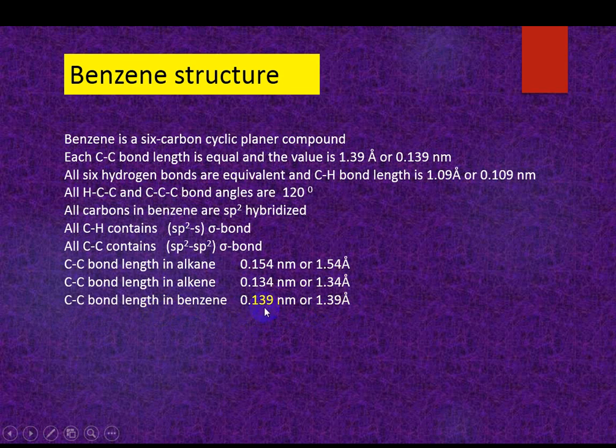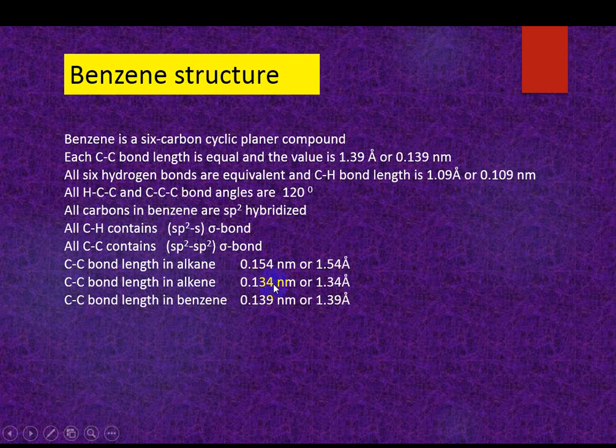Look, this is the benzene. The carbon-carbon bond length is between a single bond and a double bond. The single bond has the highest bond length, and the double bond length is 0.134 nanometer. But the carbon-carbon bond length in benzene is 0.139 nanometer, between carbon single bond and double bond.